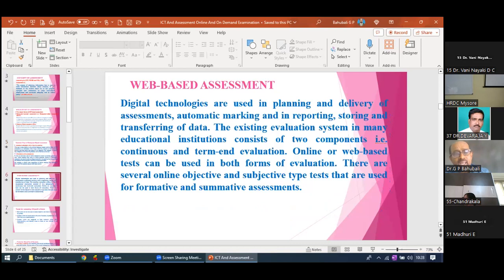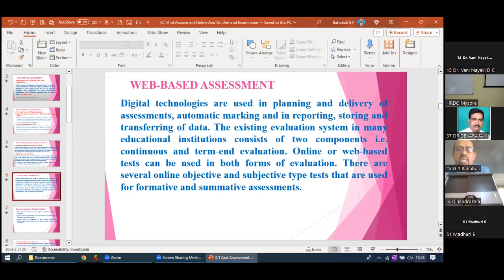Another one is web-based assessment. Digital technologies are used in planning and delivery of an assessment, automatic marking, and in reporting, storing, and transferring the data. That is the major advantage compared to the earlier stand-alone one, though to some extent that can be converted to web-based assessment.